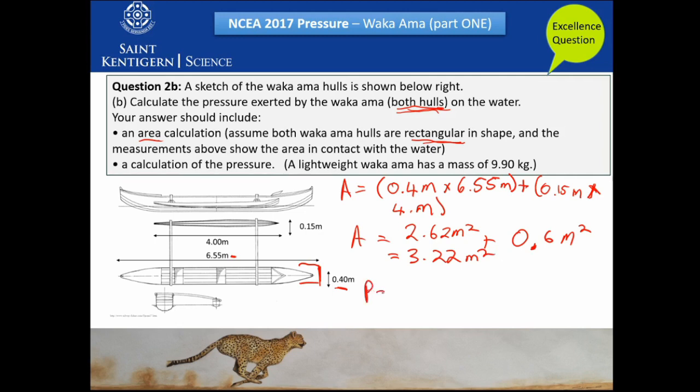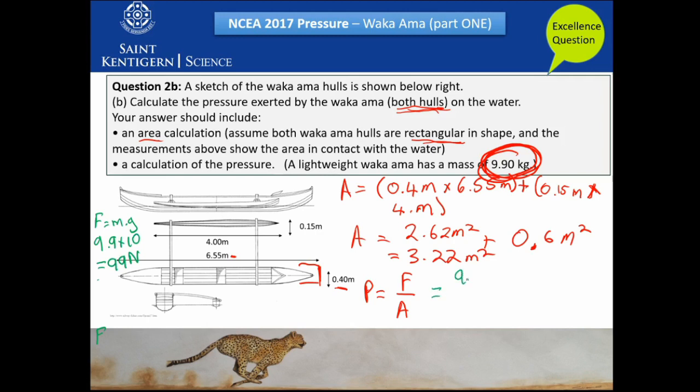Now, pressure is force over area, weight force over area, and they've given us the mass. Now remember, weight force is F equals M times G, so that means it's 9.9 multiplied by 10, which gives us 99 Newton.